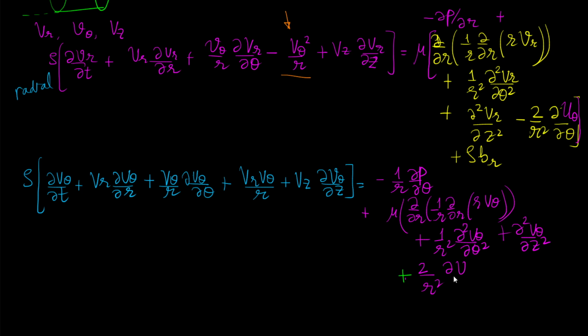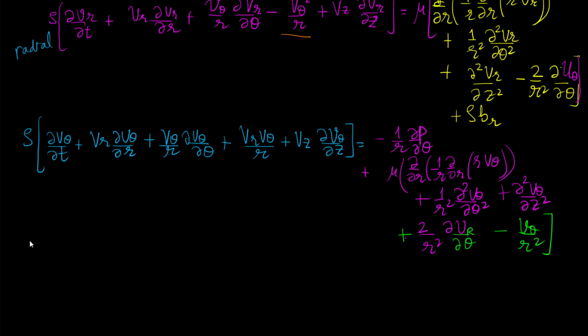So plus 2 by r square del u_r upon del theta, minus u theta upon r square, v theta upon r square. So these are the viscous terms, and lastly the simplest form is the momentum conservation in the z direction.